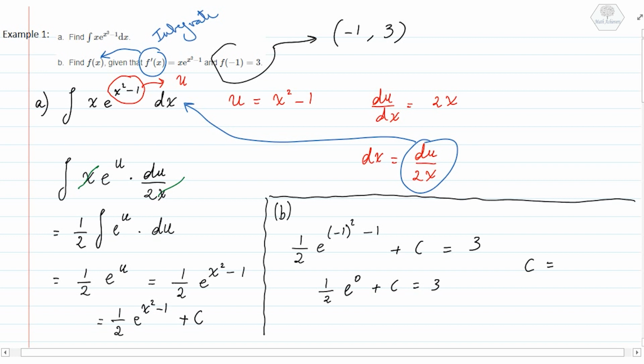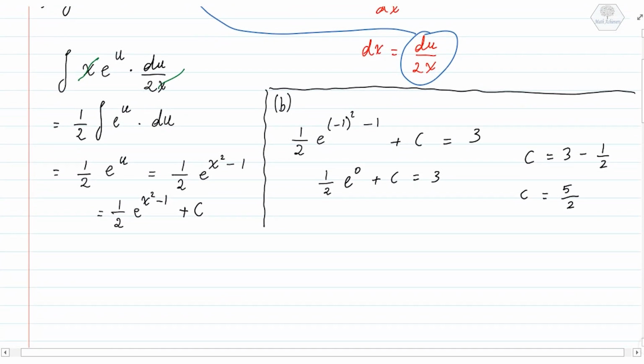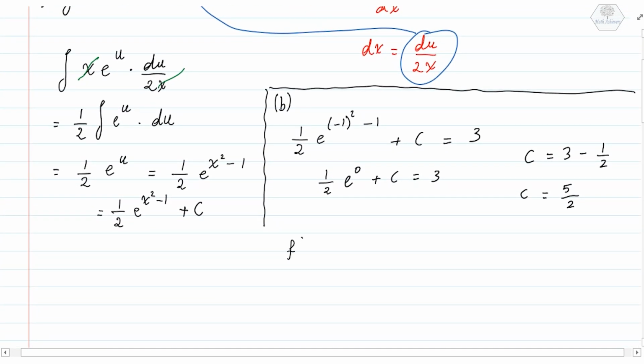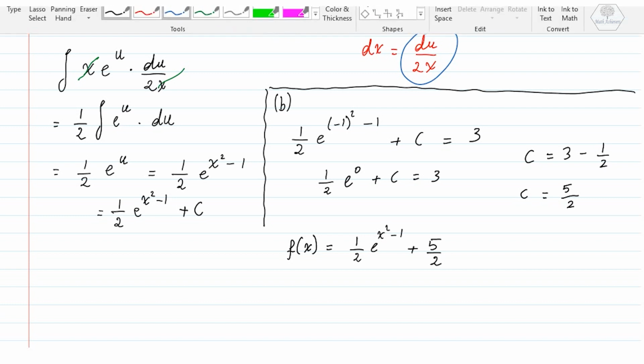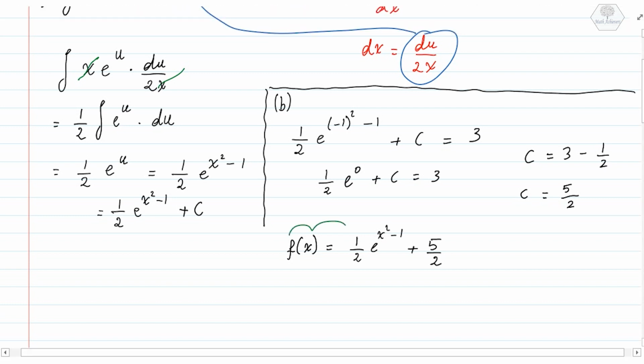The value of c would be 3 minus half. So c is equal to 5 over 2. So now my f of x is equal to half e to the power of x squared minus 1 plus the c, which is 5 over 2. And by this, I've solved the question fully.